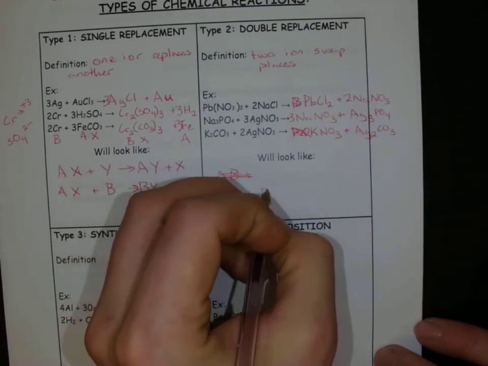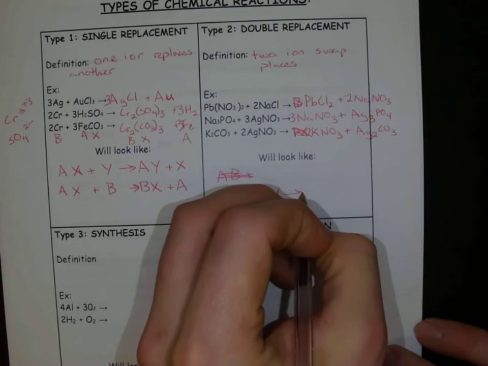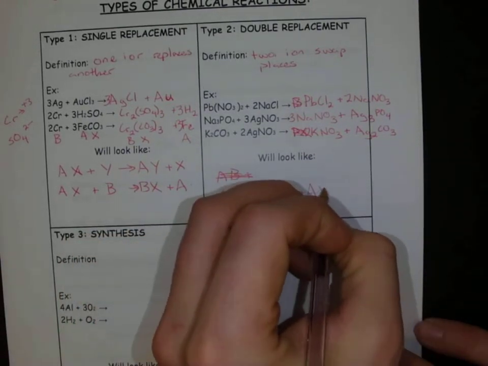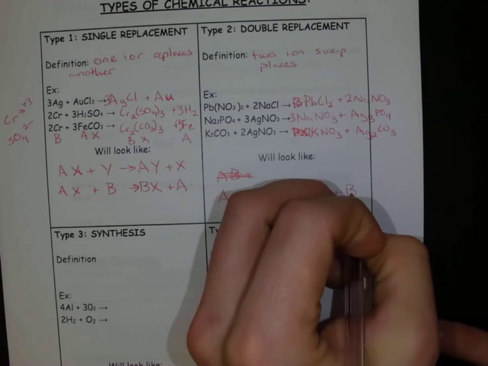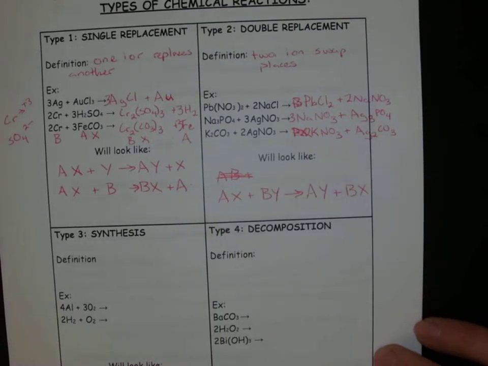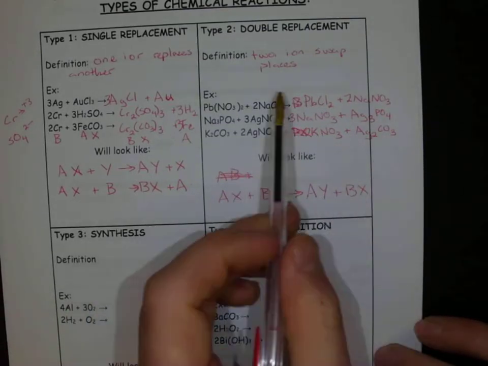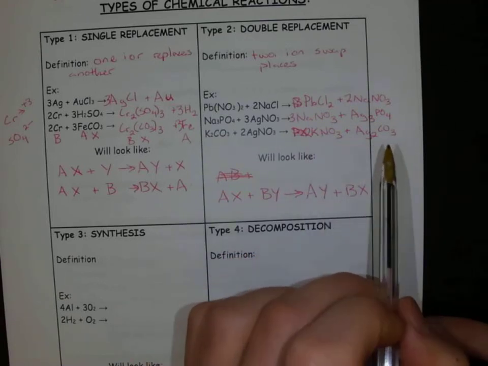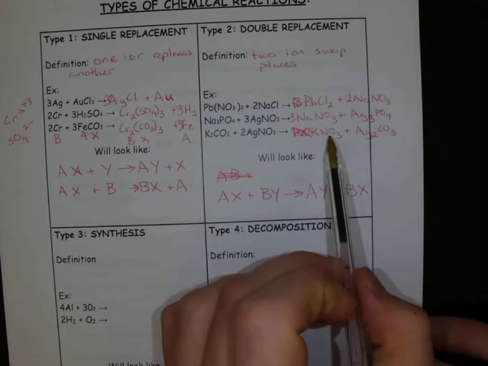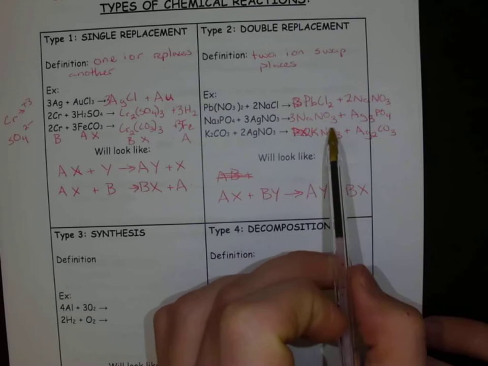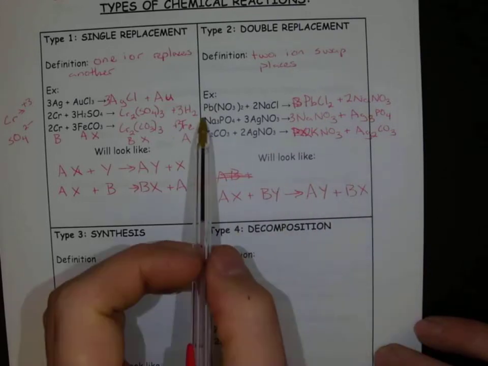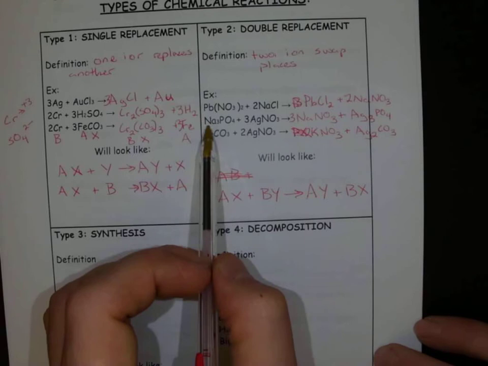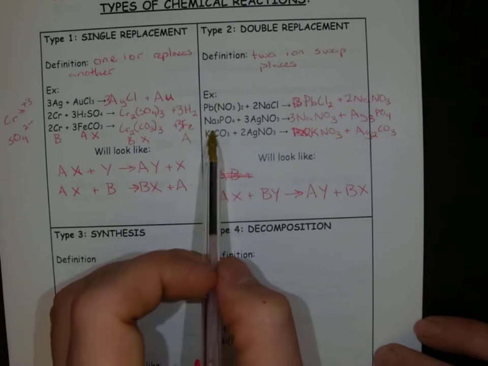Okay? So what it's going to look like is AX plus BY is going to go to, right, this is going to do a swap, so AY plus BX, okay? Again, something that we really need to focus on is that each of these compounds must be uncharged. So we need to know the charge of our polyatomics. For the charge of our metals, if it's group 1 metals, like potassium or sodium, that's always going to be +1.